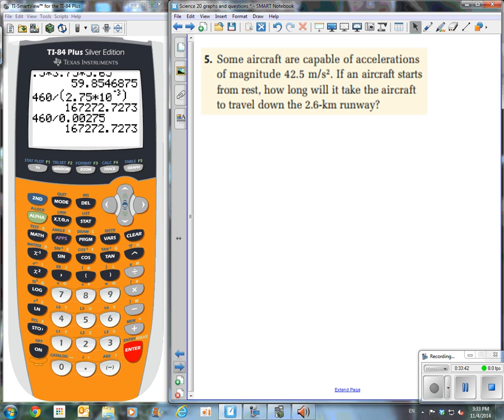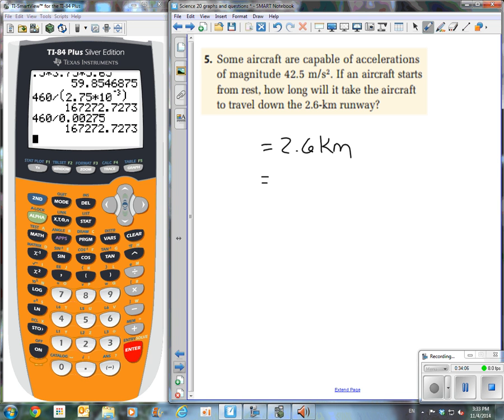All right, so this next question here: some aircraft are capable of accelerations to a magnitude of 42.5 meters per second squared. If an aircraft starts from rest, how long will it take the aircraft to travel down the 2.6 kilometer runway? Well, I've got some values here. So 2.6 kilometers.